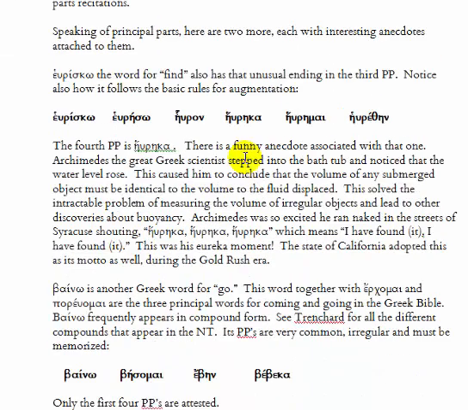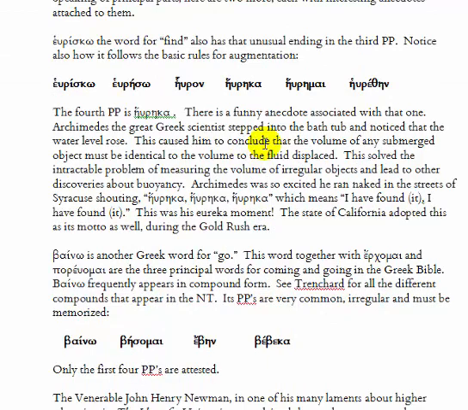Now with that, let's take a look at a couple other principal parts, namely this one for find, heurisko. We've seen this verb already: heurisko, heuresO, heuron, heureka, heuremai, heurethen.